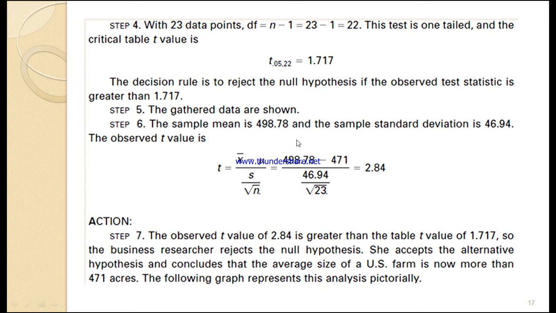This is how we can calculate the sample mean. And the sample standard deviation will be 46.96.